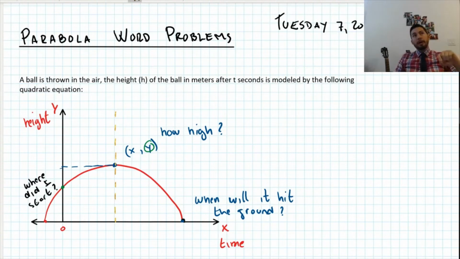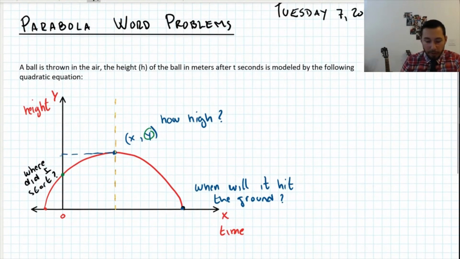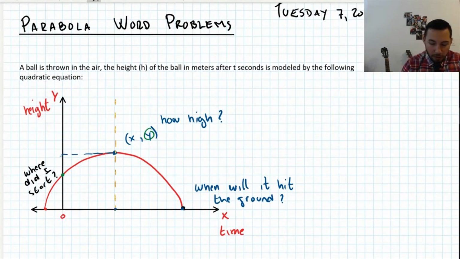So I could know that maybe my ball was at a height of 10 meters. But what I'm interested in is to know how long did it take for the ball to get there, to reach that highest point. So my axis of symmetry will always answer the question, when will I reach my peak? When will I reach the max?